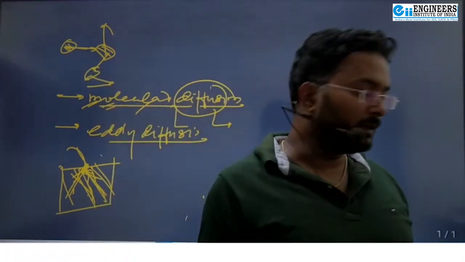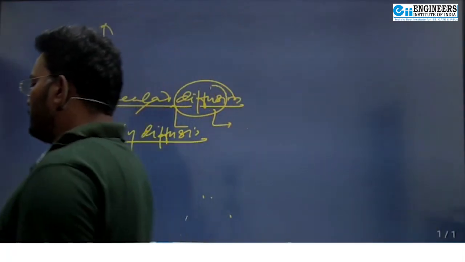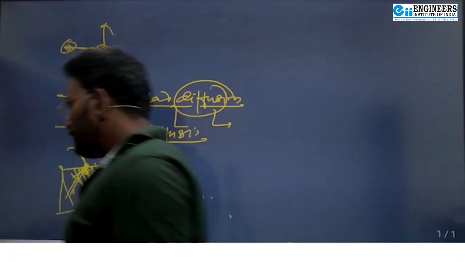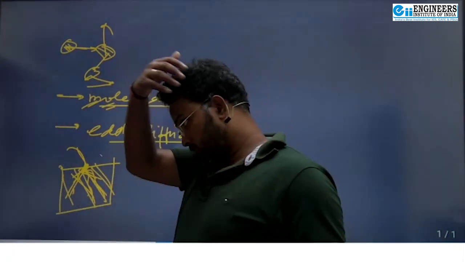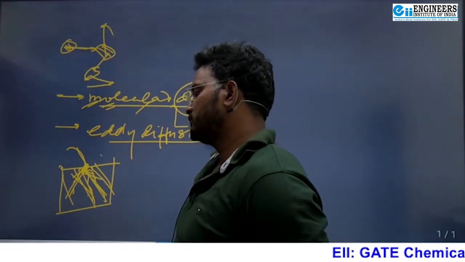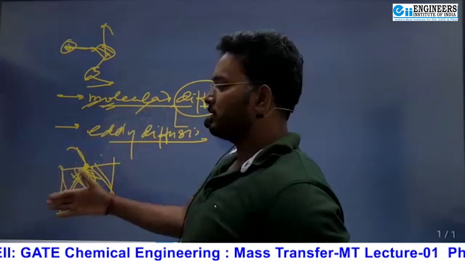So one is called molecular diffusion, which is because of random and microscopic movement of the molecules because of thermal motion. And if this motion is taking place from the region of high to low concentration, it is called mass transfer.